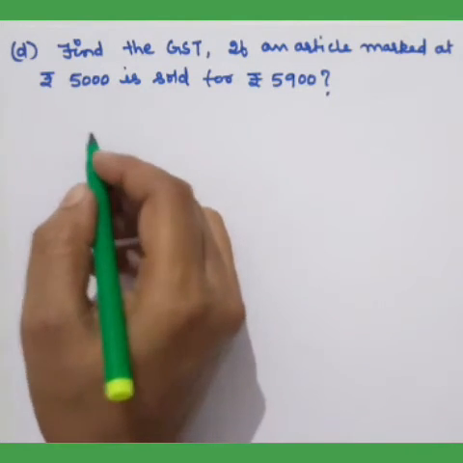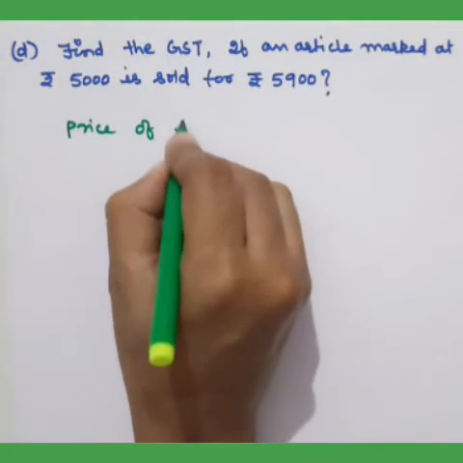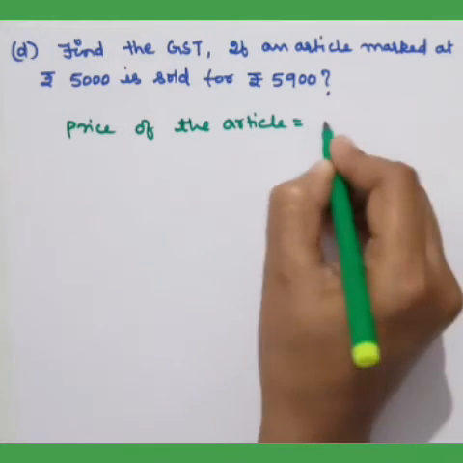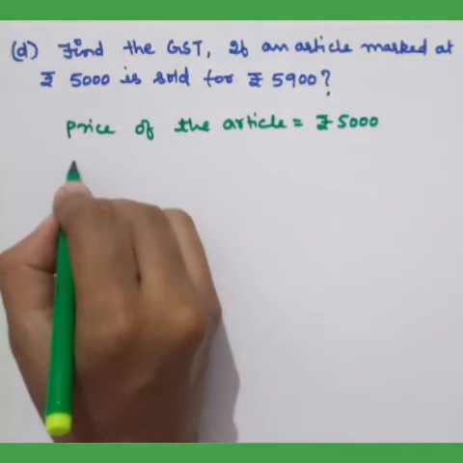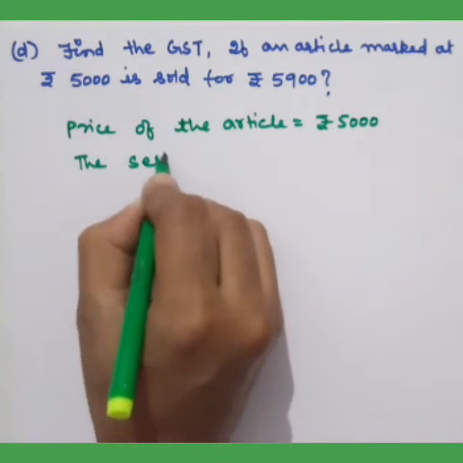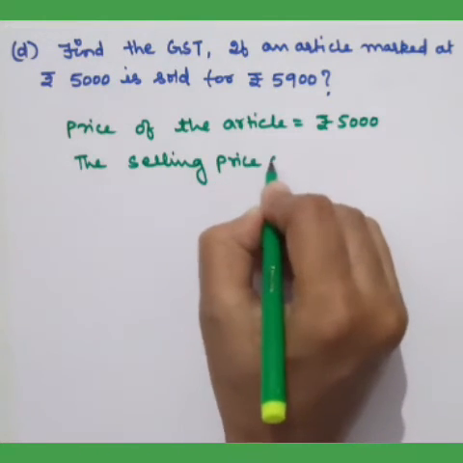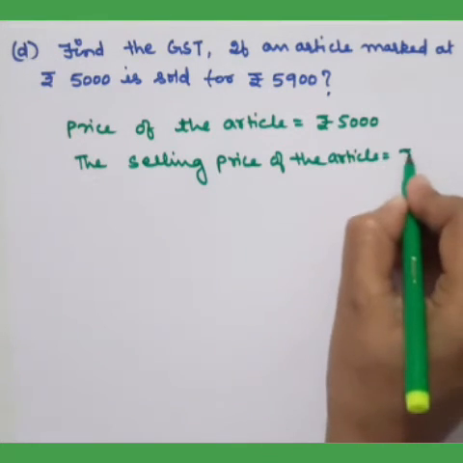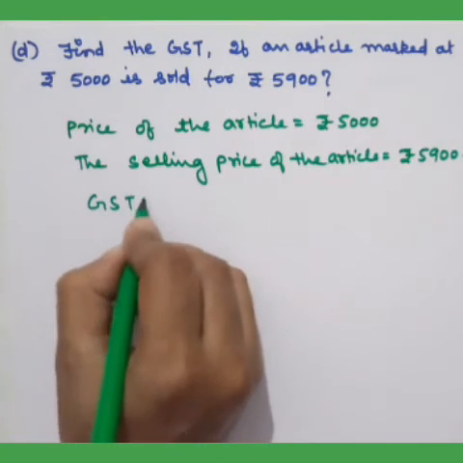Your GST will be, see, price of the article is equal to rupees 5,000. Okay. Now the selling price of the article is equal to rupees 5,900. So GST is equal to how much?